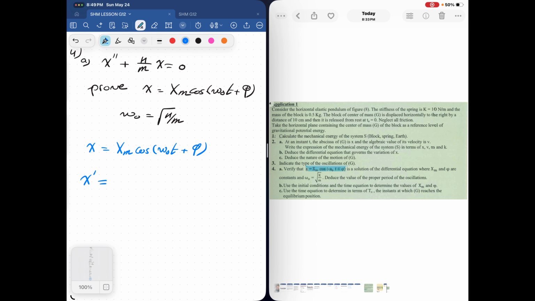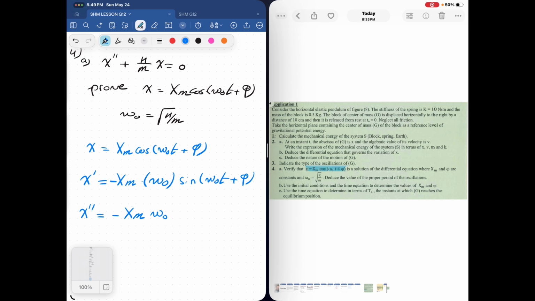And so we derive this being xm minus xm, the derivative of w0t plus phi is w0 sine w0t plus phi, and so x prime is equal to minus xm w0 sine w0t plus phi, as we've done in the acceleration, velocity, and position.